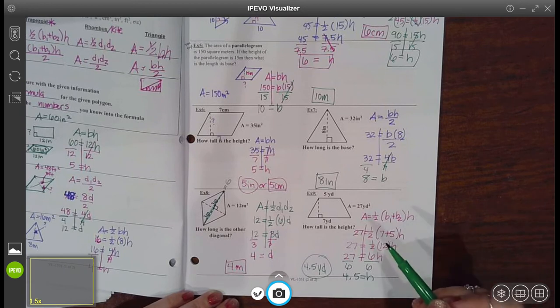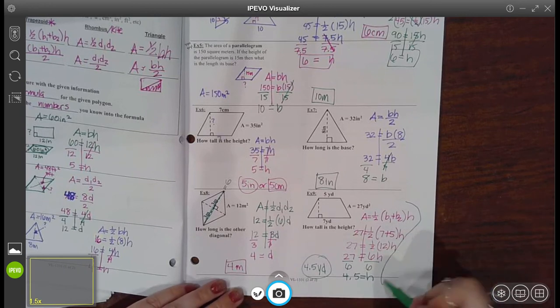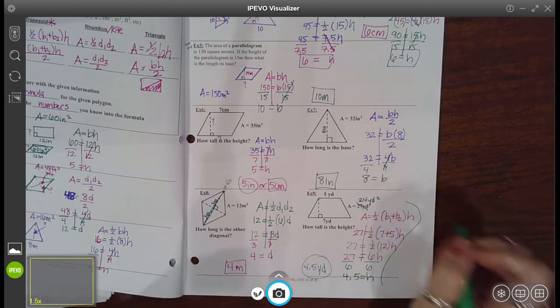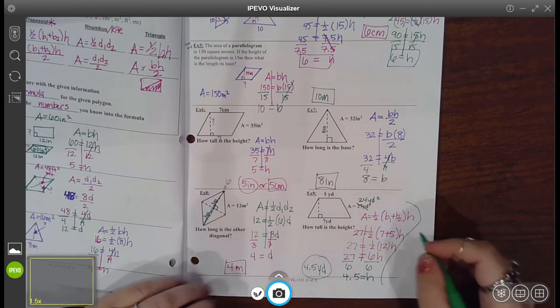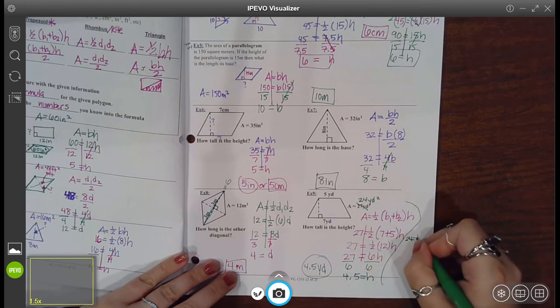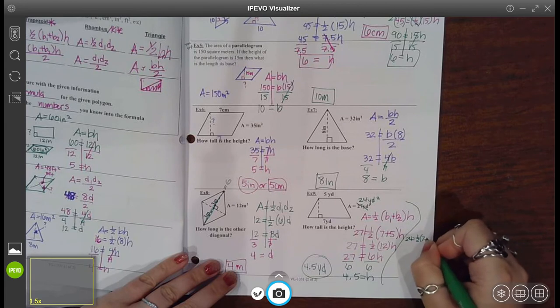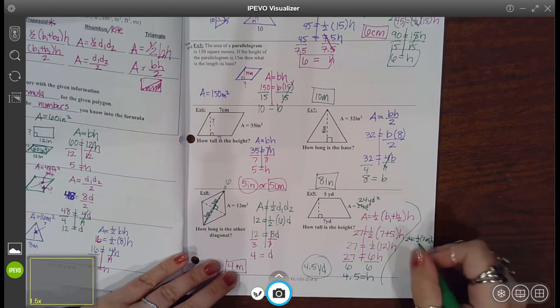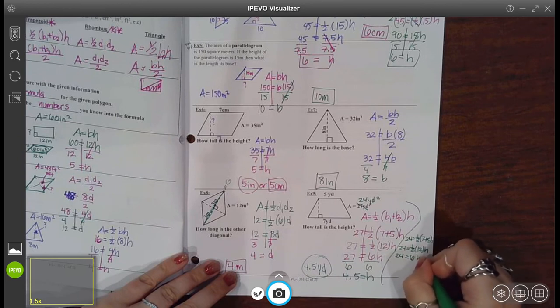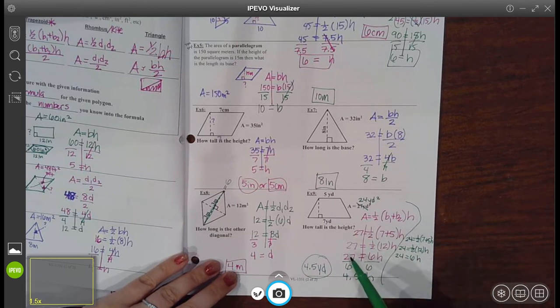Now, there are two versions of this problem. We have another version where we said the area was 24 yards squared. So if you have that version, all that's replaced is 24 is the area, 1/2, you still have your two bases of 7 and 5. 7 plus 5 is 12. Half of 12 is 6. So you still get to this same point right here. It's just instead of an area of 27, you have an area of 24.